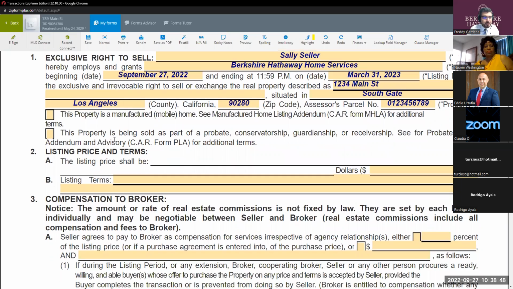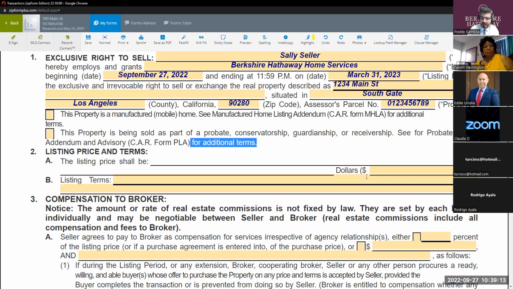Now if this property is being sold as part of a probate, conservatorship, guardianship, or receivership, see the probate listing addendum and advisory, CAR form PLA, for additional terms. So again, if it's a probate, you need to use CAR form PLA as an addendum to this agreement as well. Okay, let's move on.